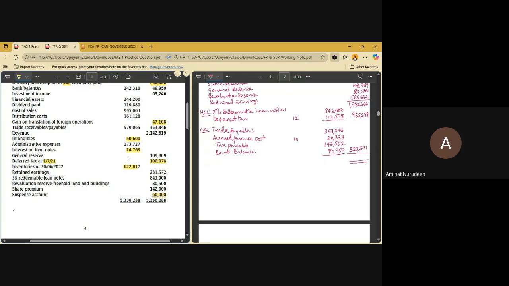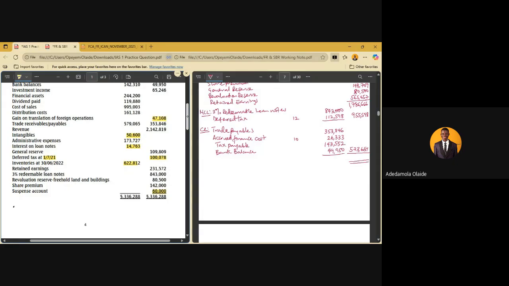Oh, this last one is not 523. It's 573,681. Yes. What do we have as the summation?